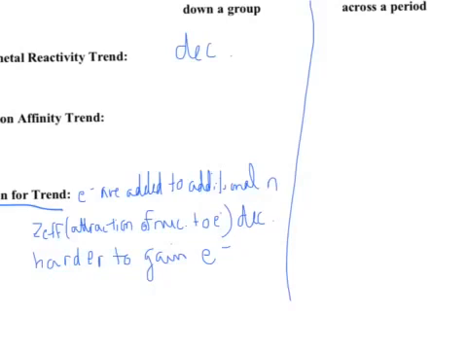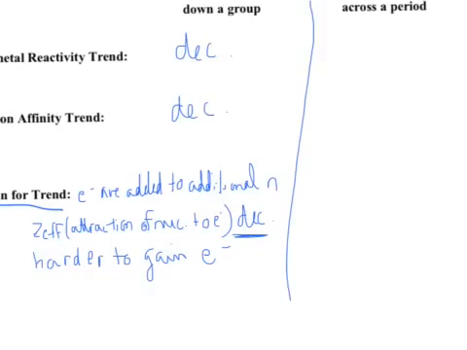Now let's think about electron affinity. I actually prefer to think about electron affinity as electron liking. Since the Zeff, or the attraction, decreases, there's not as much attraction, that means there's less electron liking, so that also decreases. Let's also think about it in terms of energy. Electron affinity is how much energy is released when the atom gains an electron.